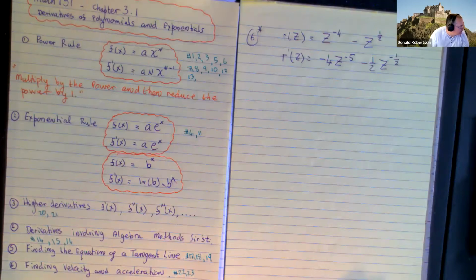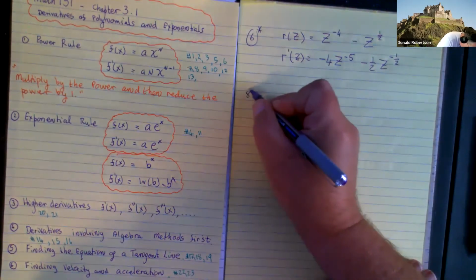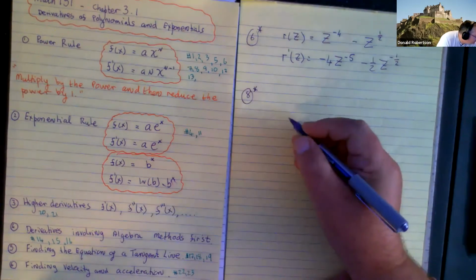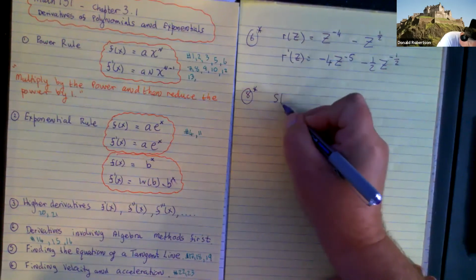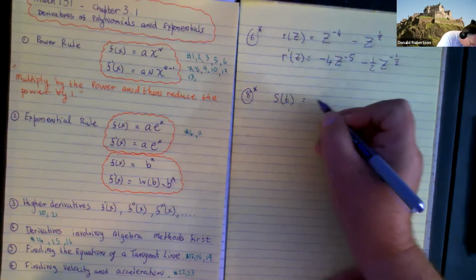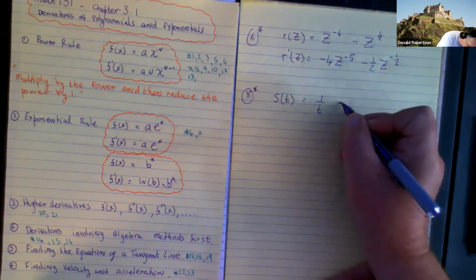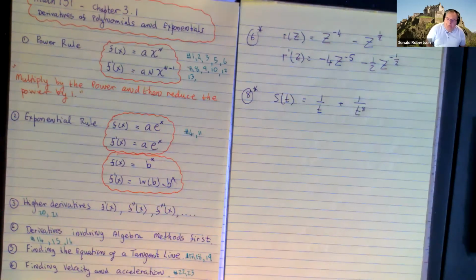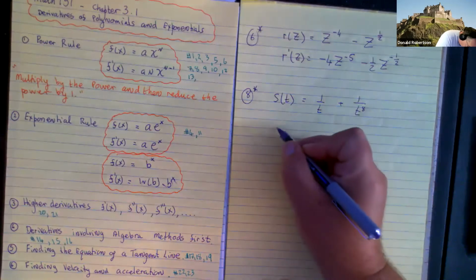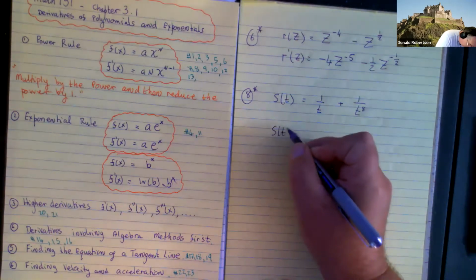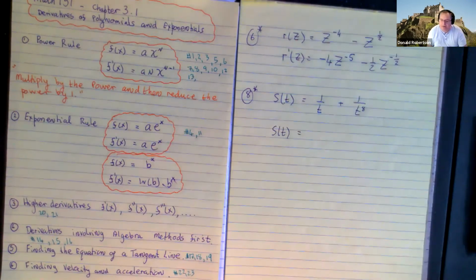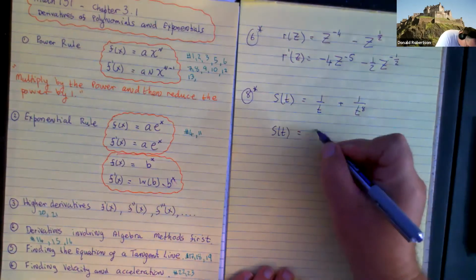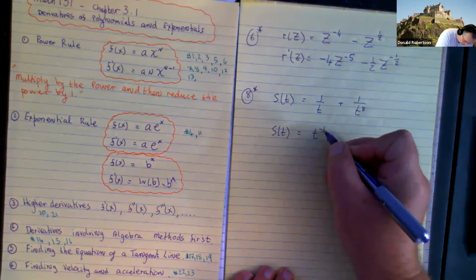Now, if we move on to something like a version of 8, let's say that one. This involves us rewriting it as powers, right? So 1 over t becomes t to the power of negative 1.